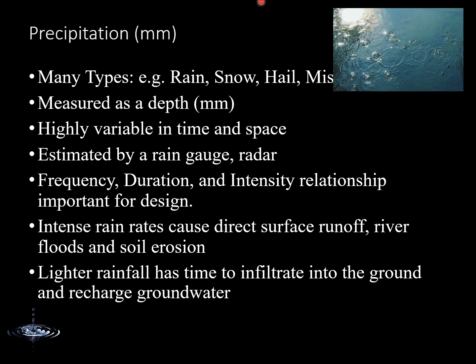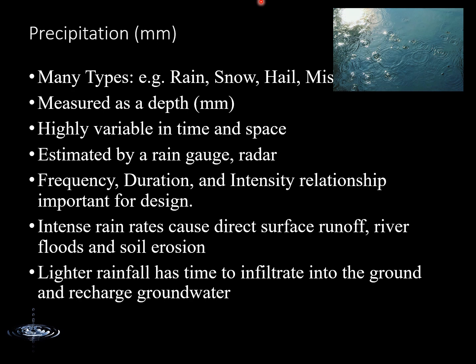Now we know that intense rain can cause more surface runoff, right? So when the intensity of rainfall is high, it can cause larger surface runoff, and it leads to river floods and soil erosion.